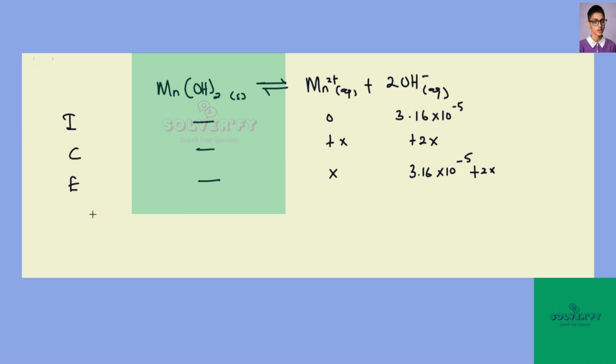So if we write the KSP for this, that will be manganese 2 plus multiplied by OH minus squared.